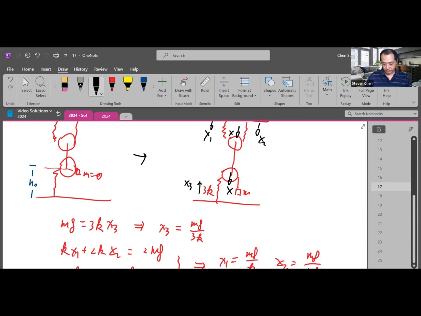So now its height, recall the original height is h naught, so the new height is h naught minus x. All right. So our job now is to compute the distance between the mass and the ground. And now we are ready to quantify this distance.